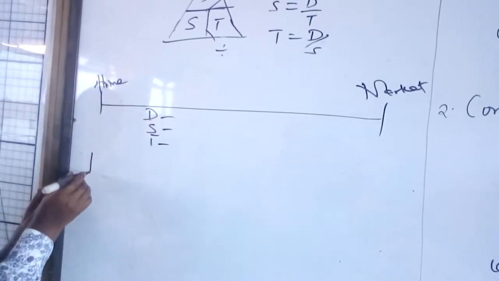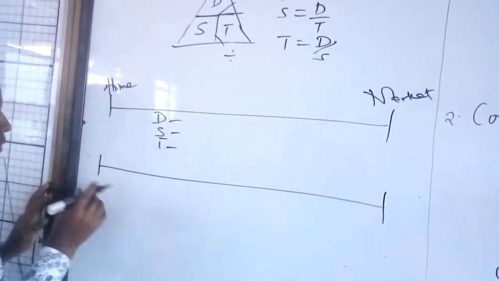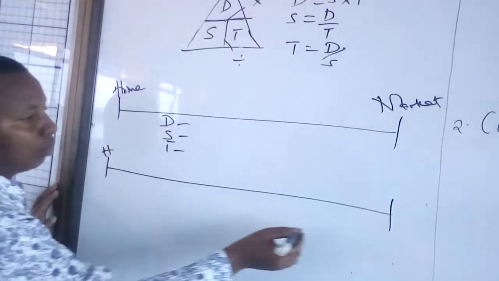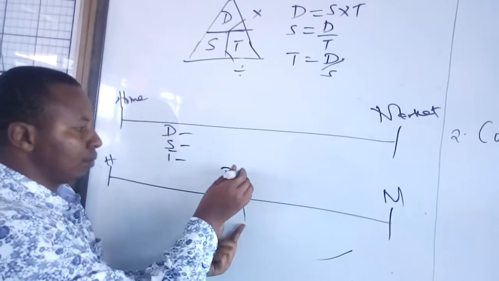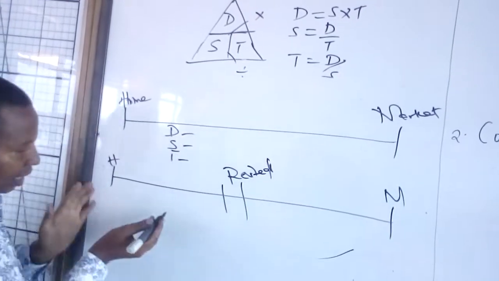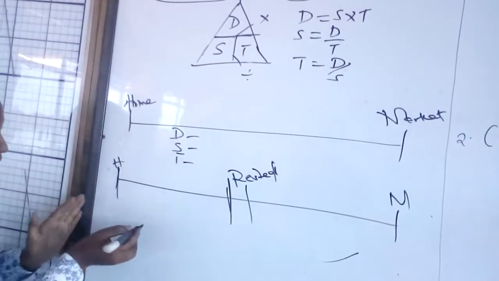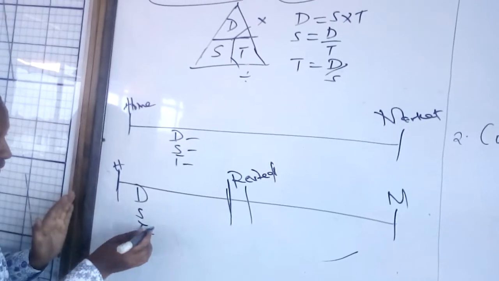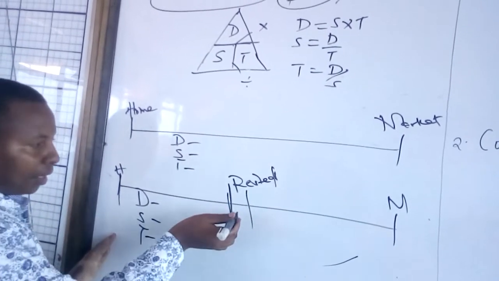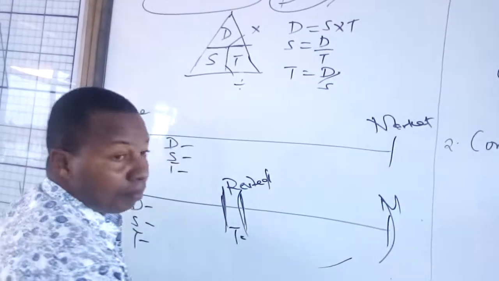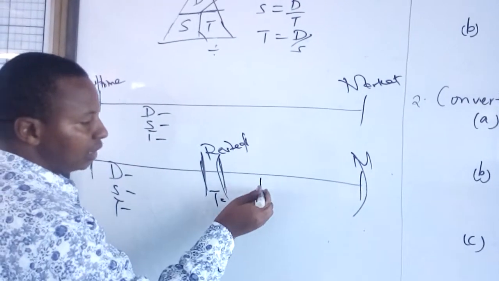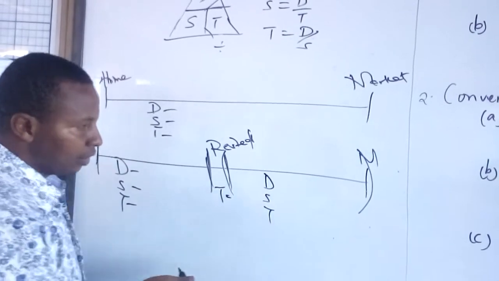You can be given another situation where they are telling you from home to the market, somewhere in the middle, maybe the person rested. So you must know that this part here must be represented by DST: distance, speed, and time. Resting is only represented by time, and then the remaining part of the journey is represented by DST.